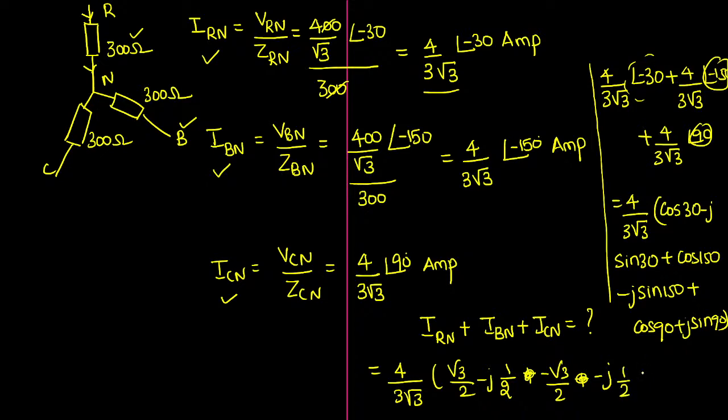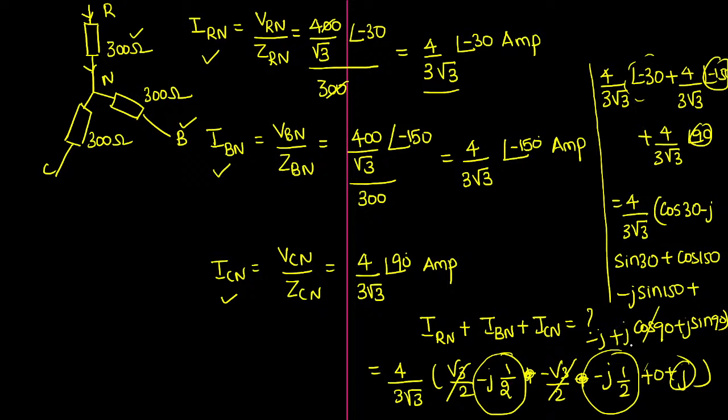Then again cos 90, it will be 0. We all know it will be 0. Plus j sin 90 will be 1. So let us add all these values. See there, root 3 by 2 and root 3 by 2 get cancelled, because here I have plus root 3 by 2 and there it is minus root 3 by 2. Then minus j into 1 by 2 and minus j into 1 by 2 will give minus j. Already we have plus j, so minus j plus j will be equal to what? It will be 0, sir.